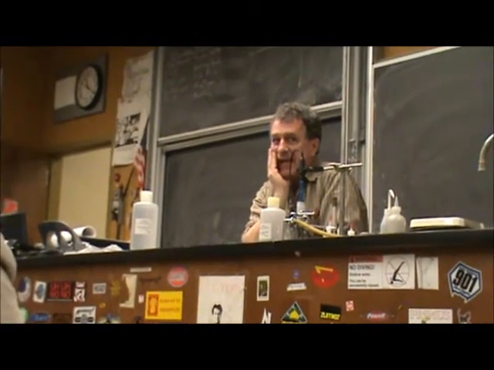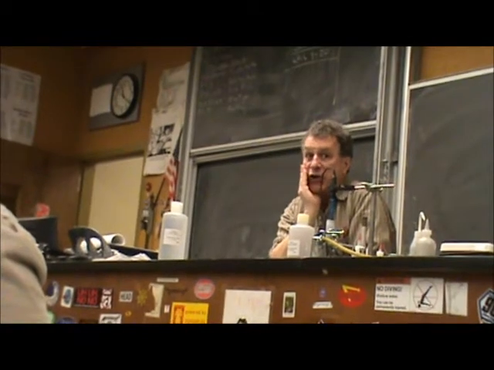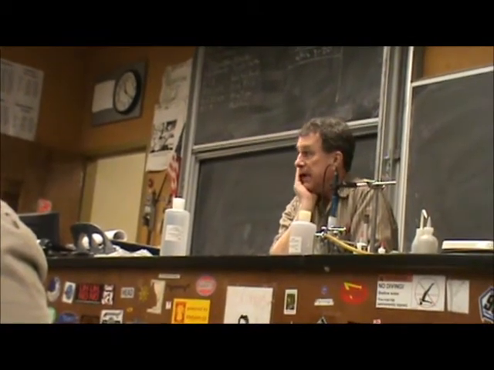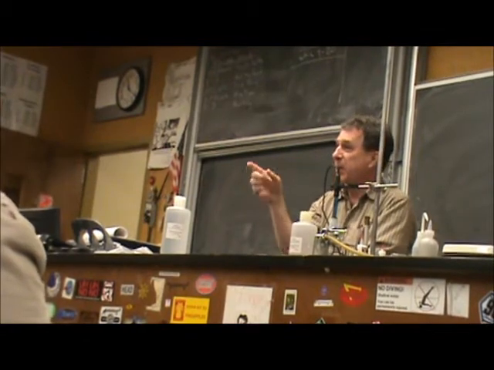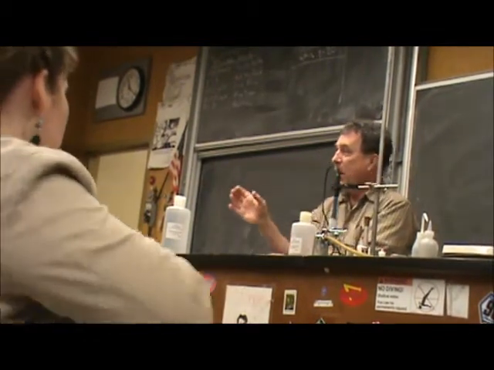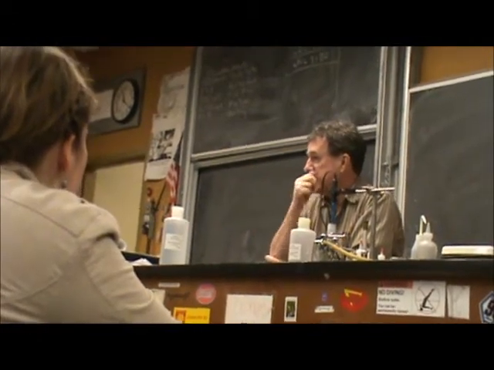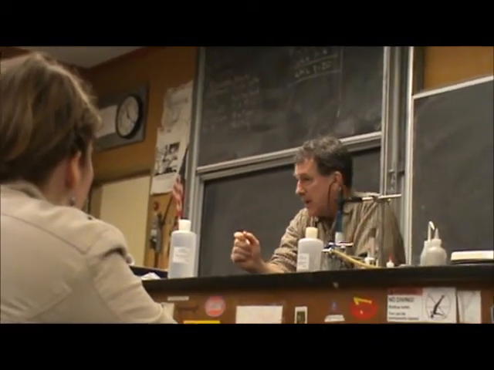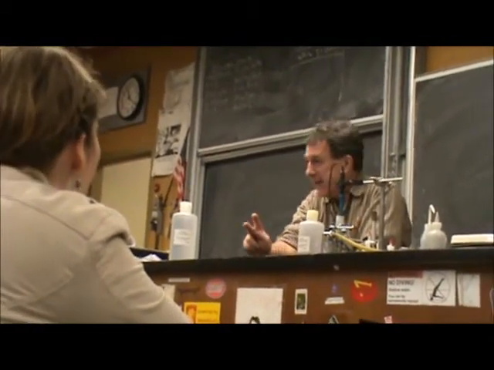What was the Lewis acid that I added? Hydrogen ion, right? The HCl provided hydrogen ion, but it wasn't the HCl that was the Lewis acid. It was the hydrogen ion that was the Lewis acid, because it's the electron pair acceptor. Are you getting it?